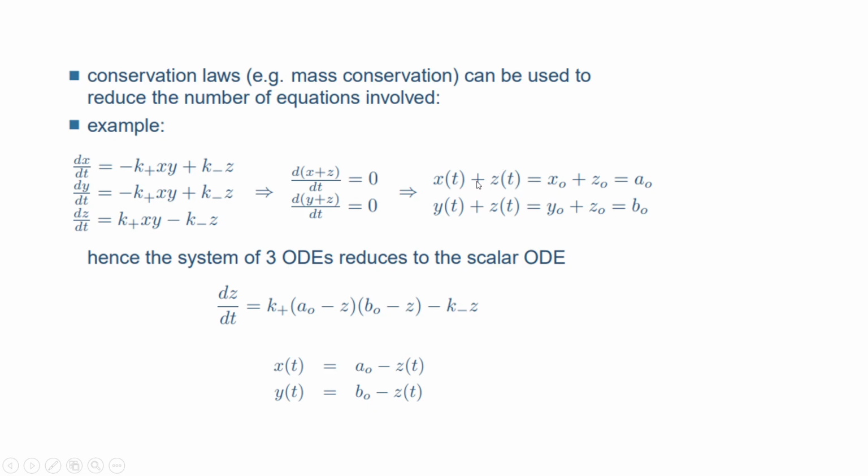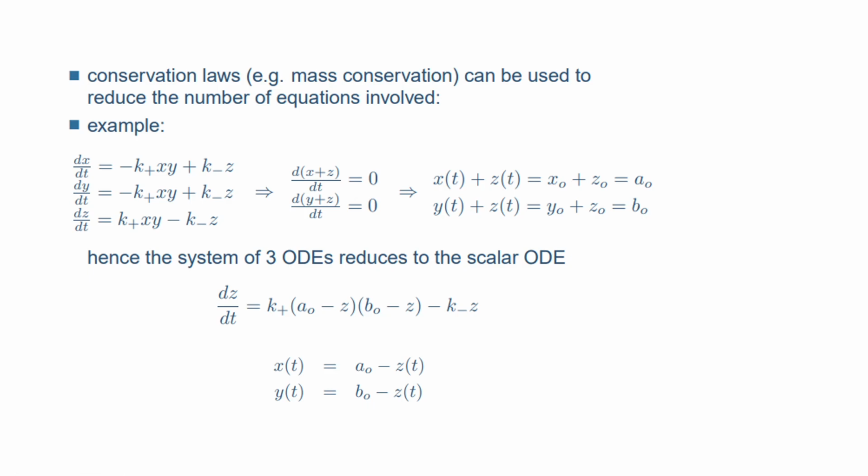Basically xt plus zt will be, for example, x naught plus z naught, which is given as a naught. So your xt will be a naught minus zt, and your yt will be similarly b naught minus zt, and you can just substitute these values here. The three differential equations, you reduce to one, which is much easier to solve.